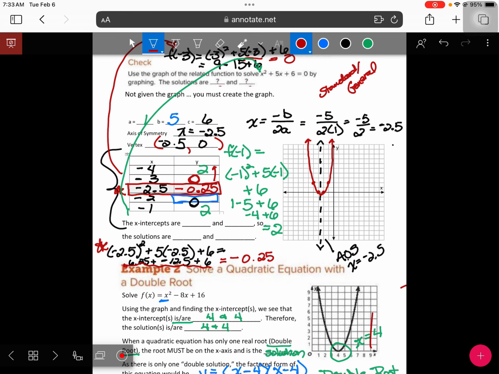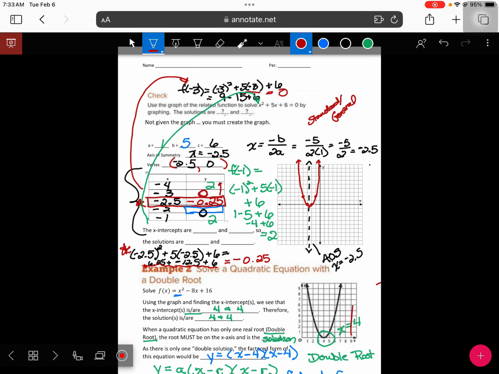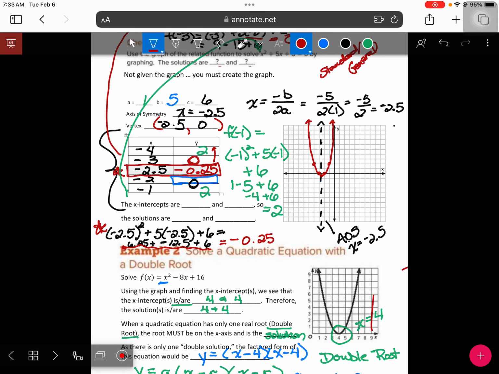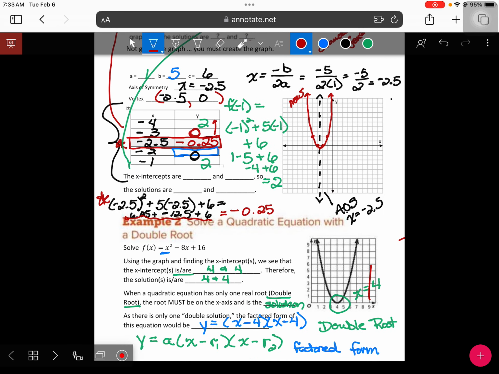Is this the parent graph? Is this the original f of x, or is this the g of x? Really, it's the g of x. It's not the parent graph because it's been moved, okay? So this is my new and improved graph.